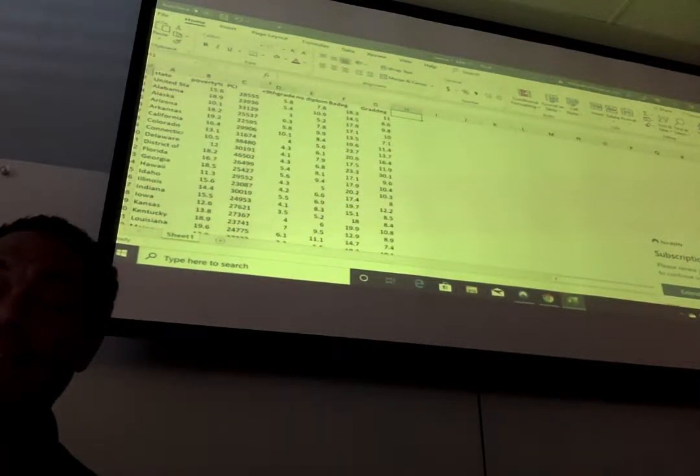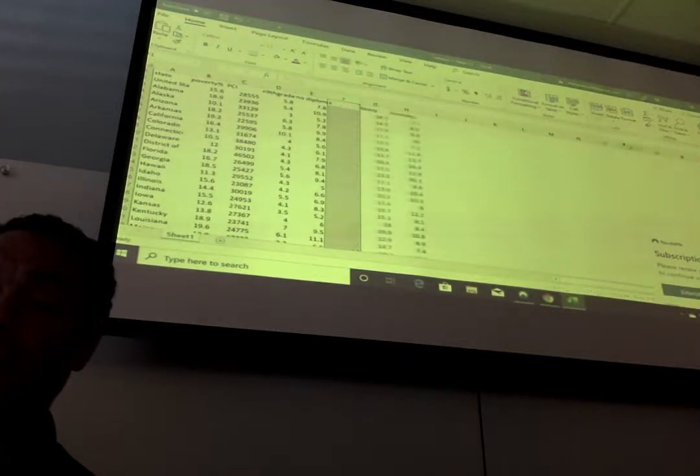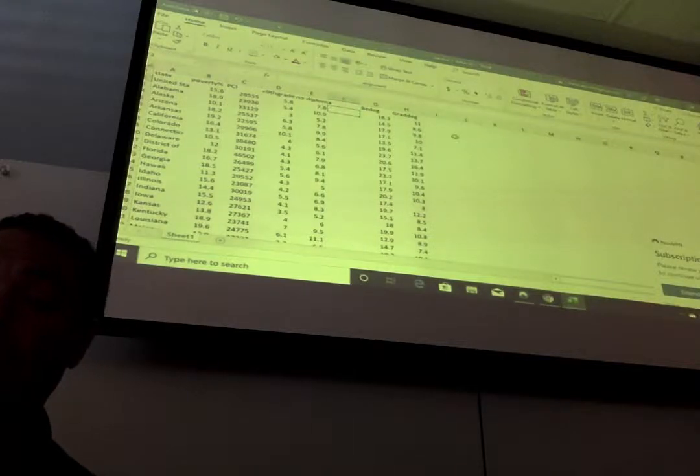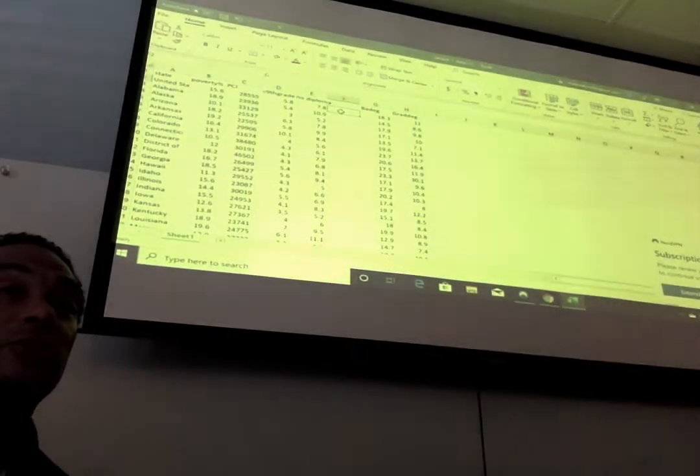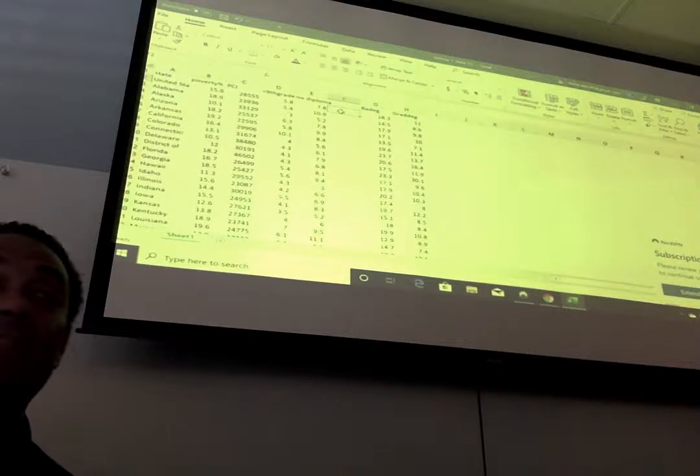So let's add these two together. To add them together, let's make a new column. Does anybody know how to add two columns in Excel? Well, yeah, usually I do the sum.